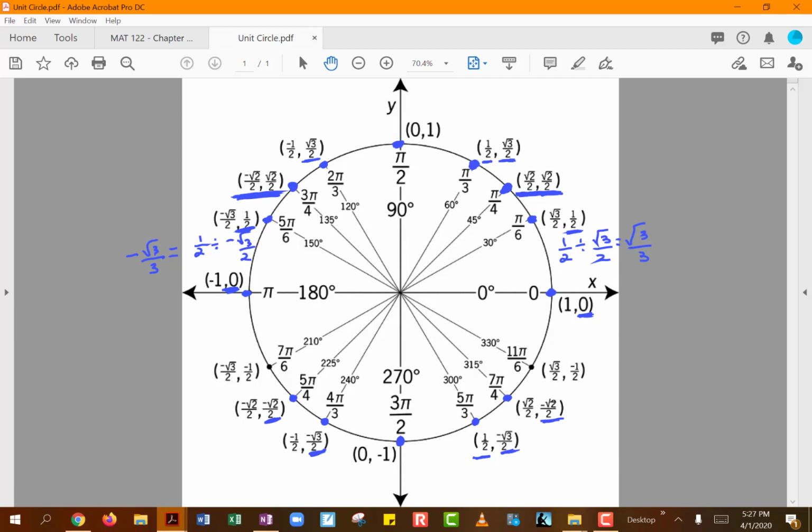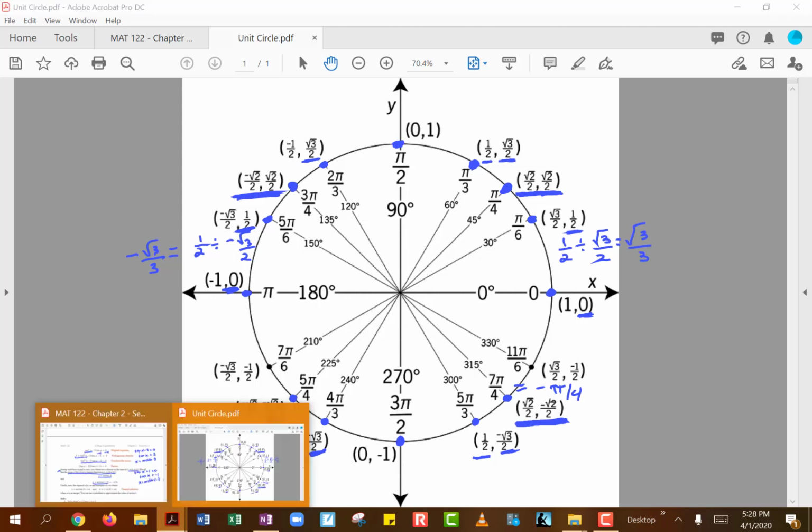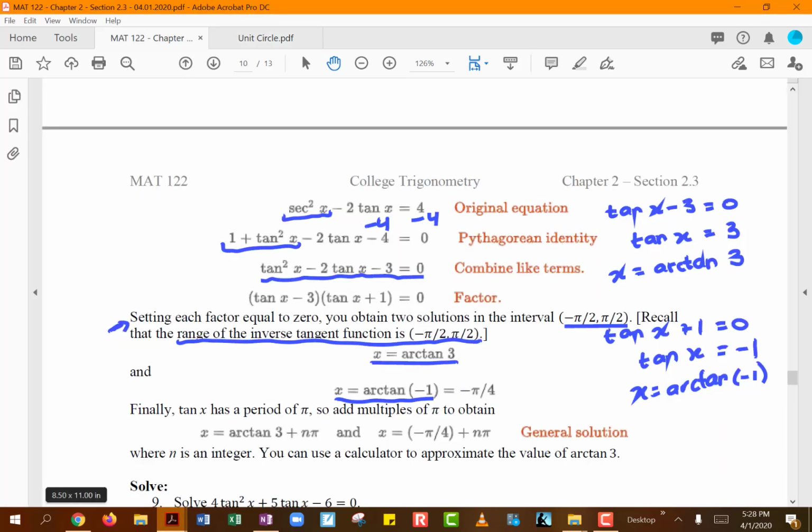So right here at this angle of 315 degrees, when I divide these two values, I get -1, and that's why we're using this angle of 7 pi over 4, which in the clockwise direction becomes negative pi over 4. So that's where they are getting this answer of negative pi over 4.